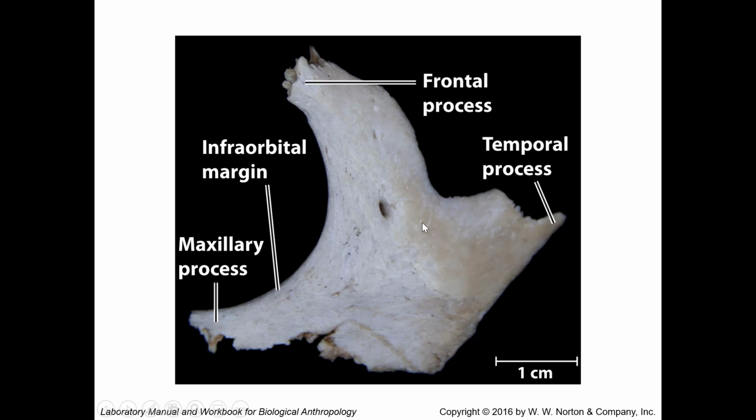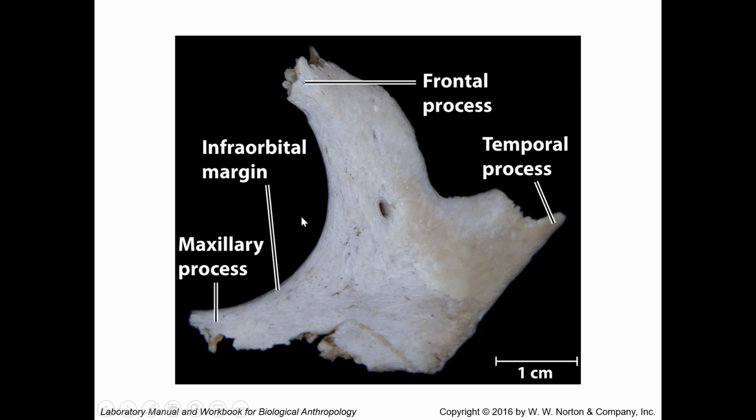So the zygomatic bone articulates with the temporal, the maxillary, and the frontal bone, right? And so on the temporal and the maxilla, you're going to have zygomatic processes that articulate with the zygomatic bone.